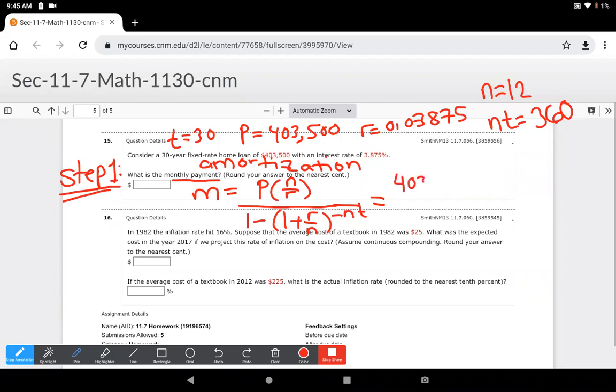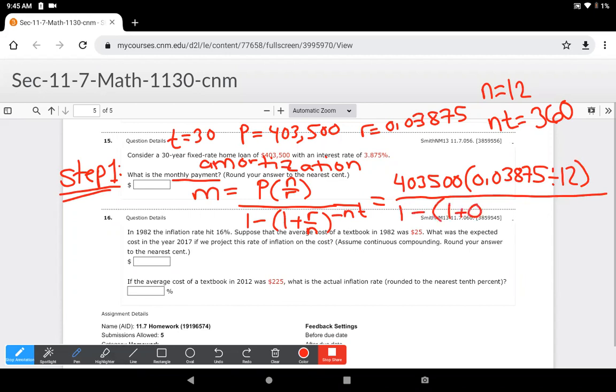So 403,500 times 0.03875 divided by 12. And then our denominator, 1 minus 1 plus 0.03875 divided by 12 raised to the negative 360 in your exponent, right?